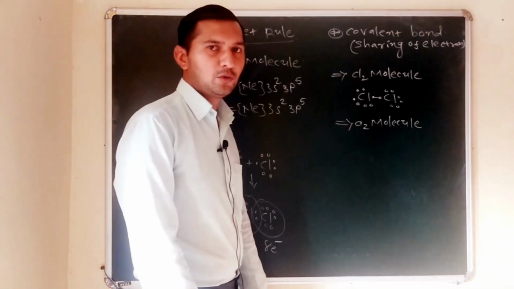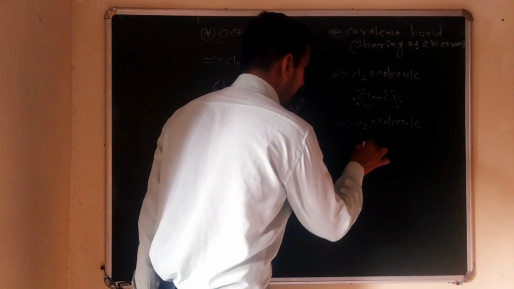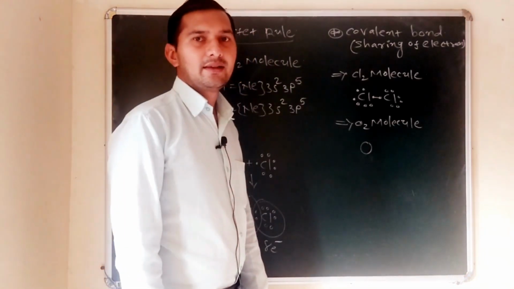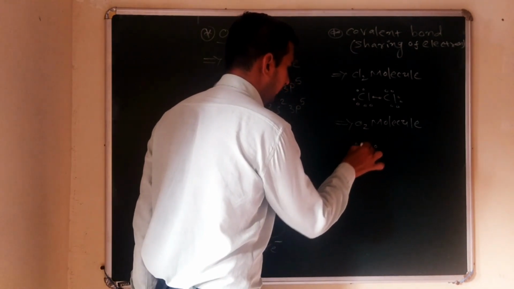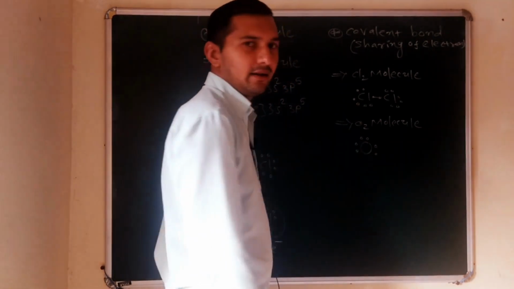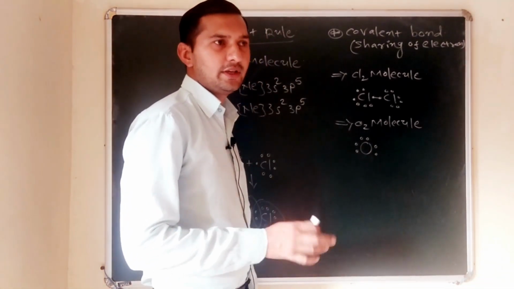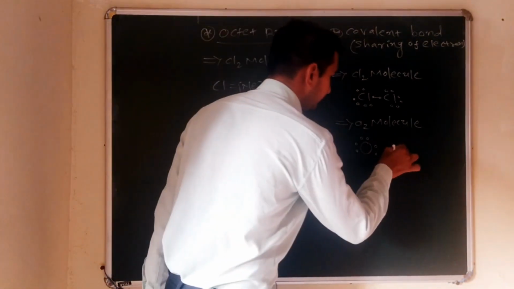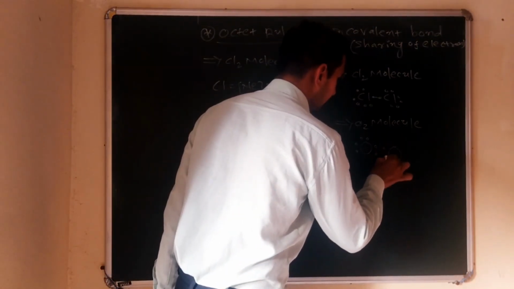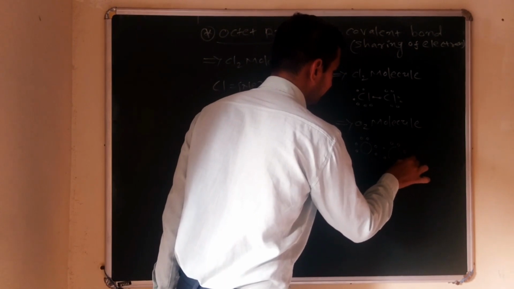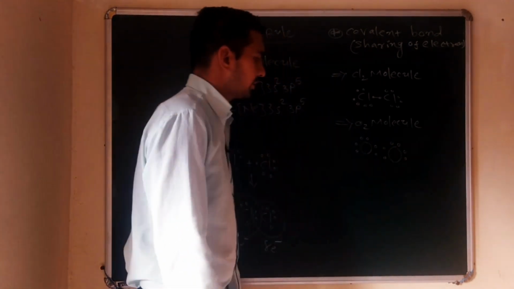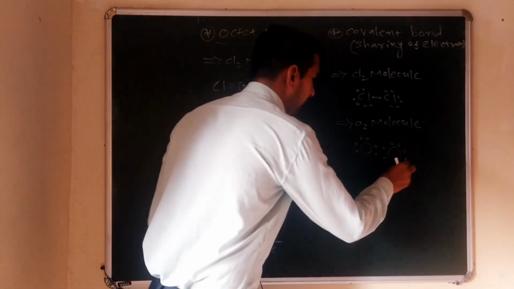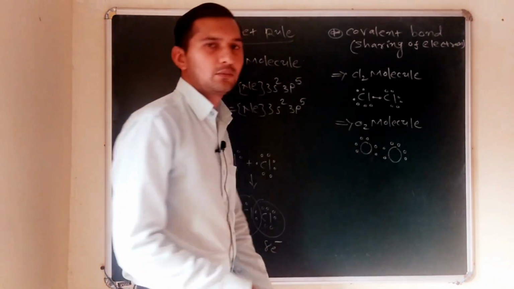In the O2 molecule, the number of valence electrons of oxygen is 6: 1, 2, 3, 4, 5 and 6. Another oxygen atom also has 6 valence electrons. So each oxygen atom has 6 valence electrons in its outermost shell.